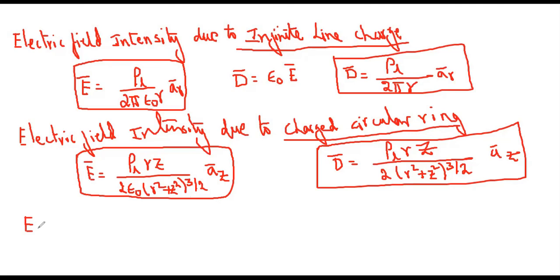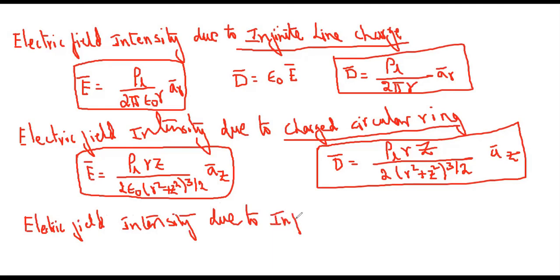Here also, the AR bar component is eliminated. Finally, we get the electric field intensity due to the infinite sheet of charge.